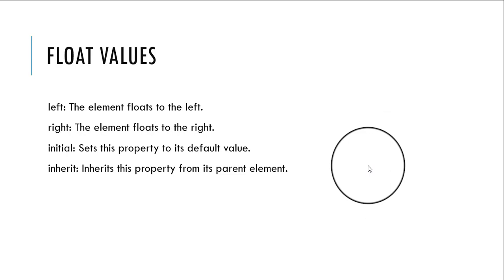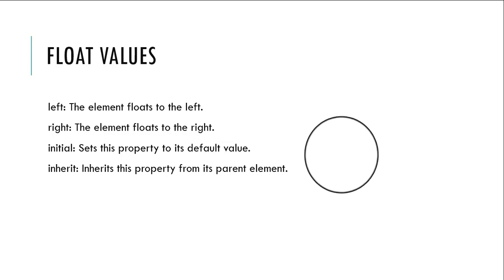So the float values: we have about 4 values that we can work with. The first one is left, which floats the element to the left, and then we have right, which floats the element to the right. We have initial, which sets the property to its default value, and then inherit, which inherits the property from its parent element.